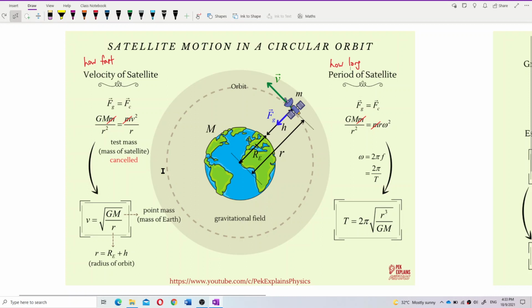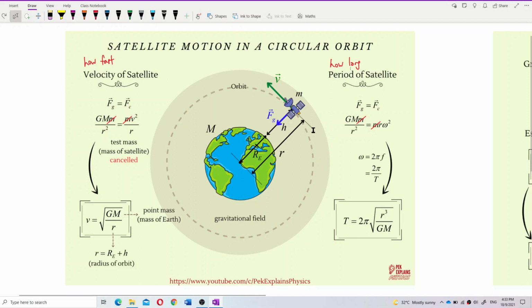For a satellite revolving around the Earth, it depends on the gravitational force to provide the centripetal force, in order to move in the orbit. We call it the orbit, the pathway for the satellite to revolve around the Earth.